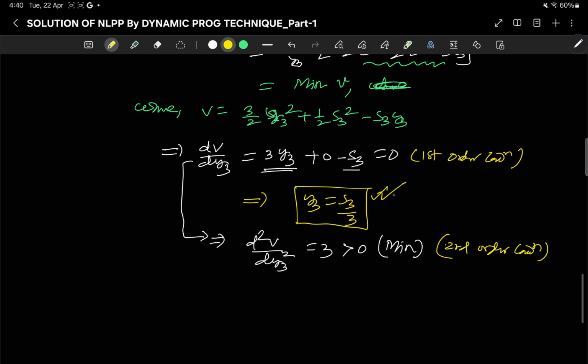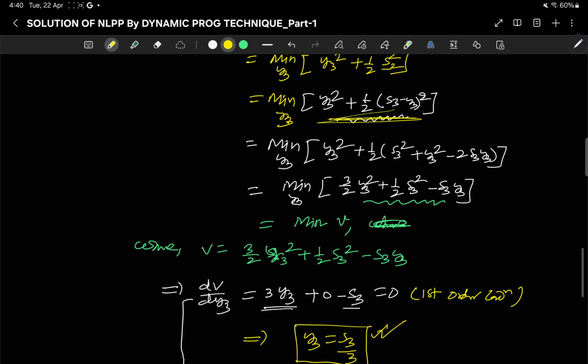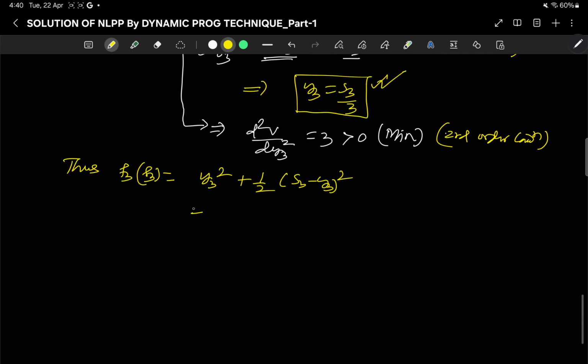Now we need to find the minimized value of f3(s3). What is my f3(s3)? It is equal to y3 square plus half (s3 minus y3) square, isn't it? I am substituting the value of y3 here. y3 is s3 by 3, so this is (s3 by 3) whole square plus half (s3 minus s3 by 3) whole square.